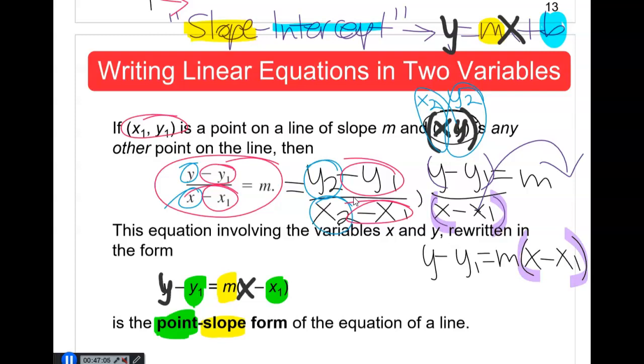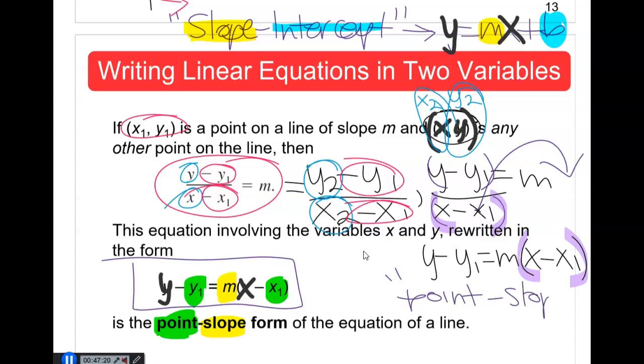And that is the exact same thing that we have here. That is the formula. And so that is what we refer to as the point-slope form. Remember, I already told you why we call it that: because we have a point that comes from x sub 1 and y sub 1, and we have the slope, obviously, which is here.